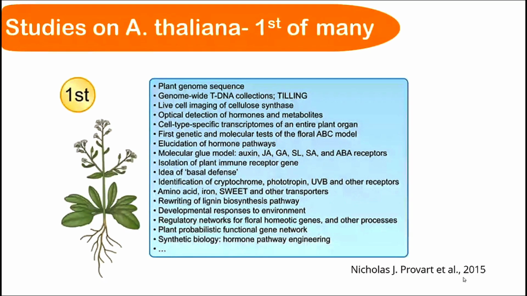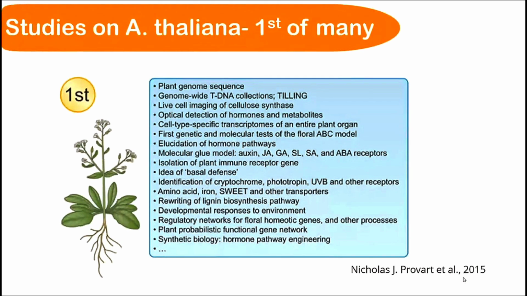Hormone pathways were deduced. And molecular glue model with respect to auxins and similar other phytohormones were also studied in Arabidopsis. Plant immune receptor gene was for the first time isolated from Arabidopsis. The idea of basal defense, it came into existence from the studies carried out on Arabidopsis.